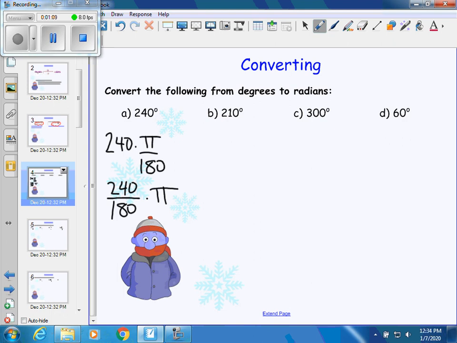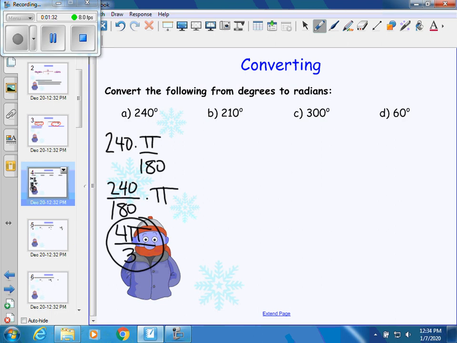So we're never going to type pi into our calculators. We take 240 and divide it by 180. We're going to get 4/3. So our answer is 4 pi over 3. We just stick the pi on the answer.